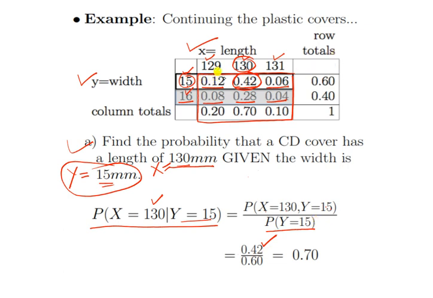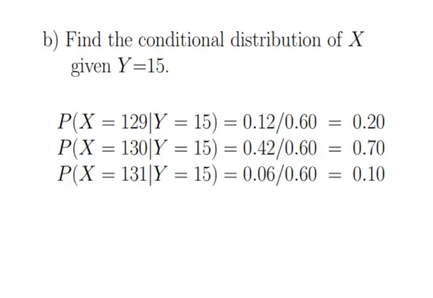So the row total is the sum of 0.12, 0.42, 0.06, and we obtain 0.60. This is the first row total and this will be the second row total. Similarly, we can compute the first column total, second column total, and third column total. So in that case 0.42 upon 0.60, then after simplification we obtain the probability 0.70.